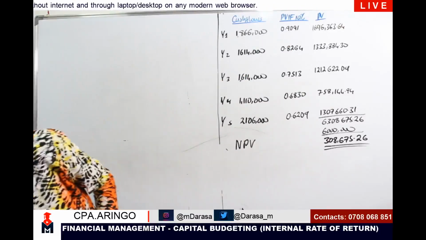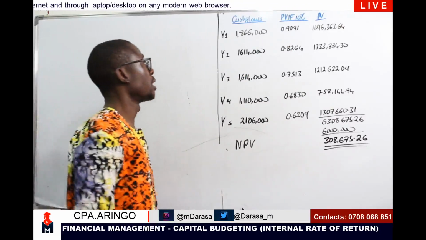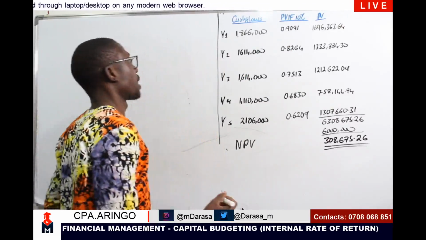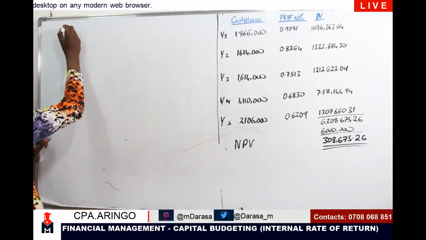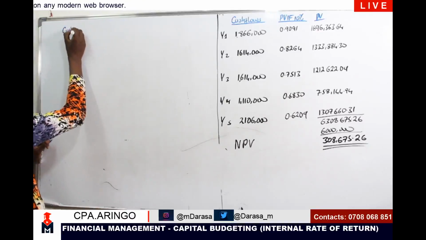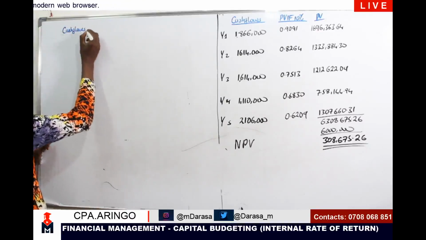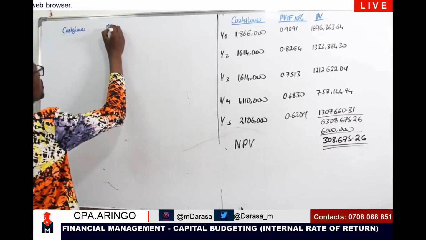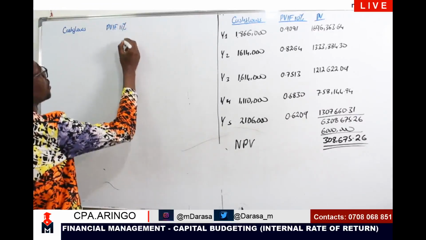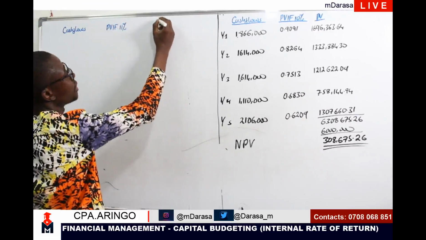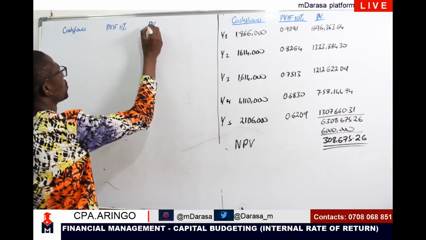So in this case, I can take the immediate value which is higher than 10. We'll be having our cash flows here, our present value interest factor. We can take 11%, then we have to determine our present value at this point.